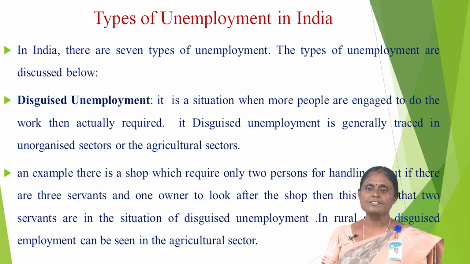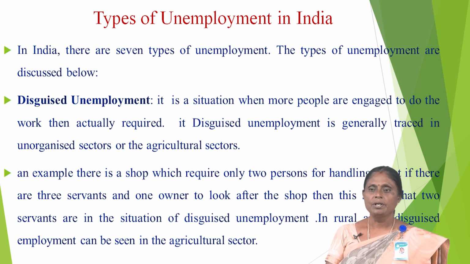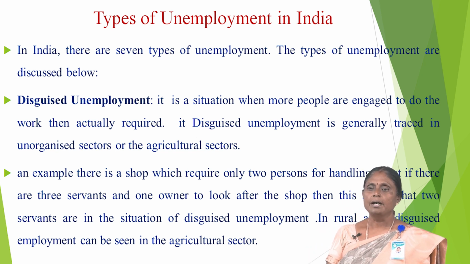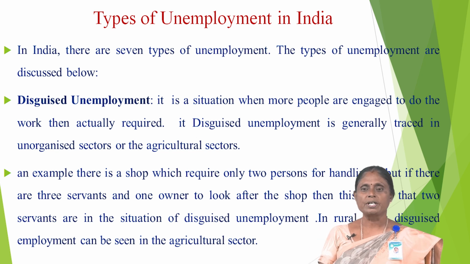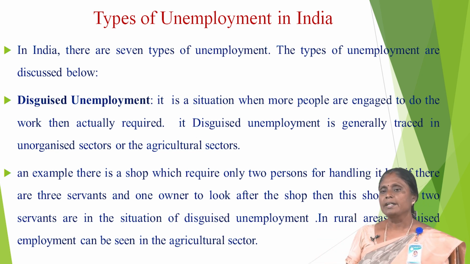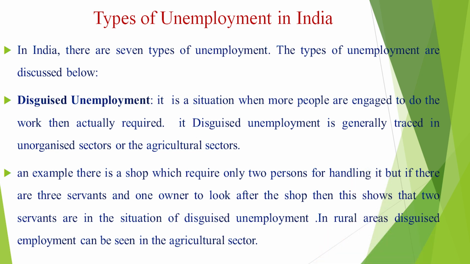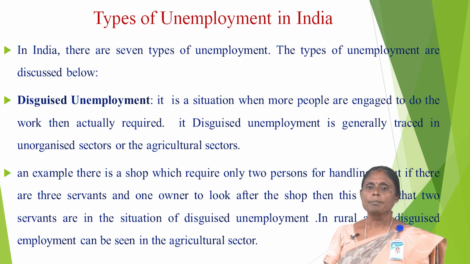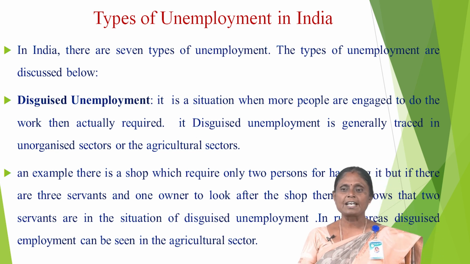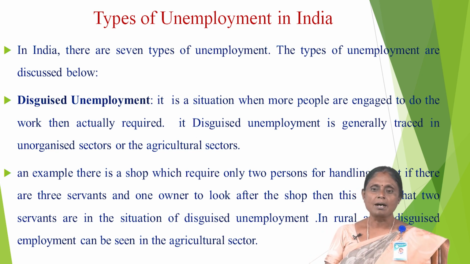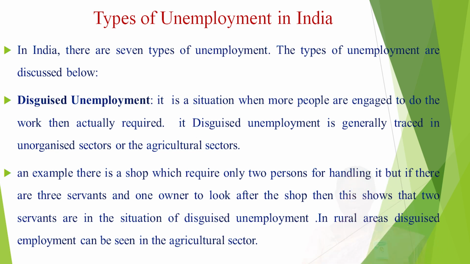Generally, it is found in unorganized sectors or the agricultural sector. For example, a shop requires only 2 persons for handling, but if there are 3 servants and 1 owner looking after the job, then 2 servants are in a situation of disguised unemployment.